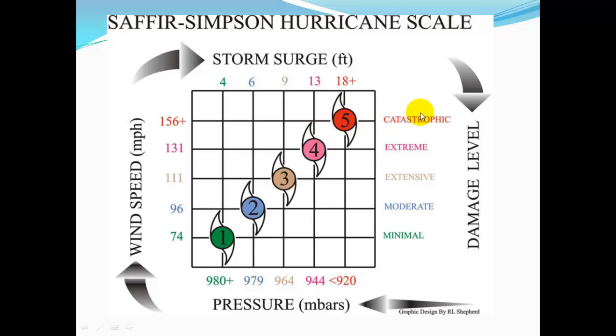The storm surges associated average about 18 feet for Cat 5, 13 feet for Cat 4, 9 for Cat 3, 6 for a Cat 2, and 4 for a Cat 1. This is highly variable depending on the shape of the ocean floor. You might have a larger storm surge in the Gulf of Mexico with a gentle slope to the ocean floor there. The East Coast is much steeper and would possibly have less storm surge.